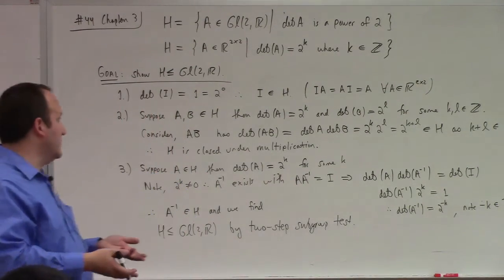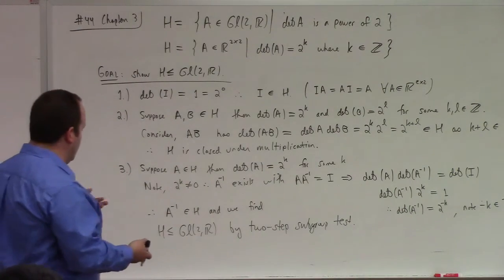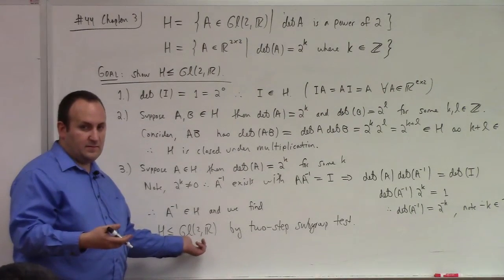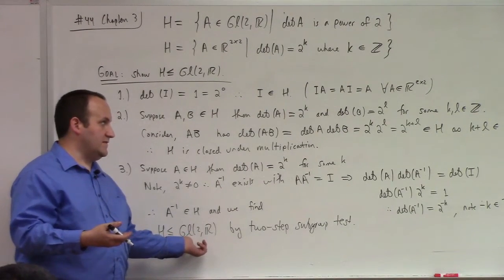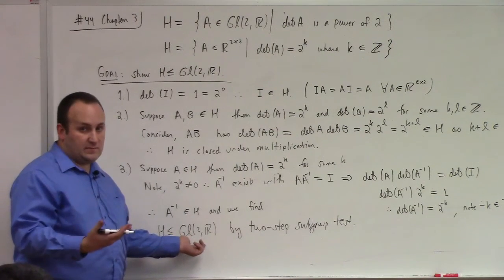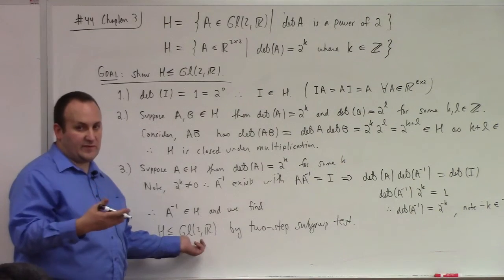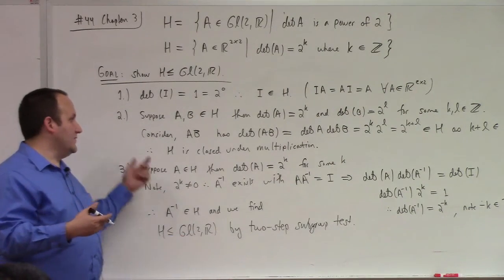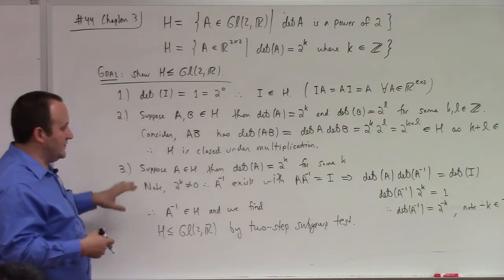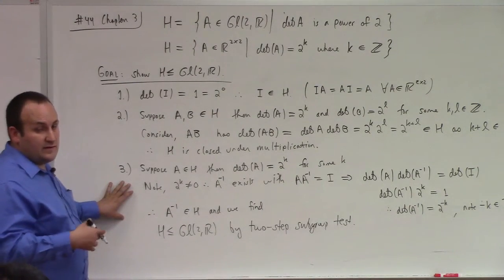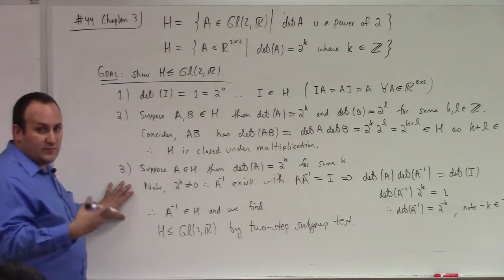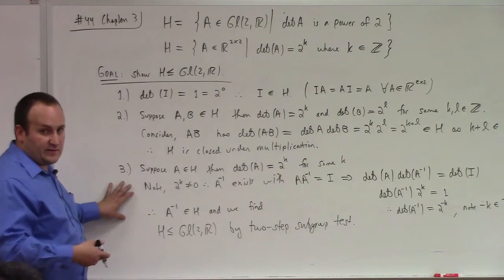If we're given a group, in this case GL2, and we have a subset of it, the condition is that the subset is not empty, and then you can use either the one-step or two-step subgroup test. If it satisfies closure under multiplication and closure under inversion, it follows that the subset is also a group in its own right with the operations of the group restricted to it.